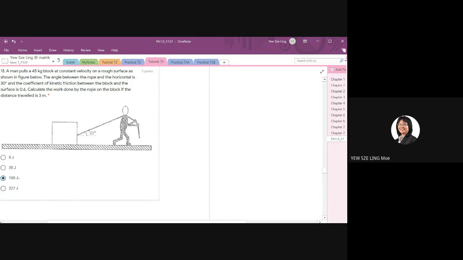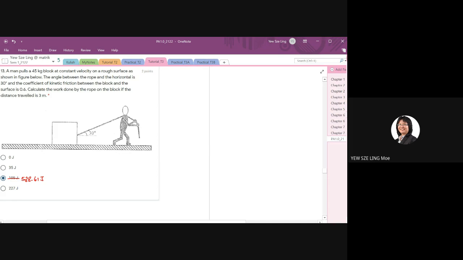For question 13, the correct answer is 588.61 joules. This question is a bit tricky, because if you didn't read until the end of the question, you will get the wrong answer.